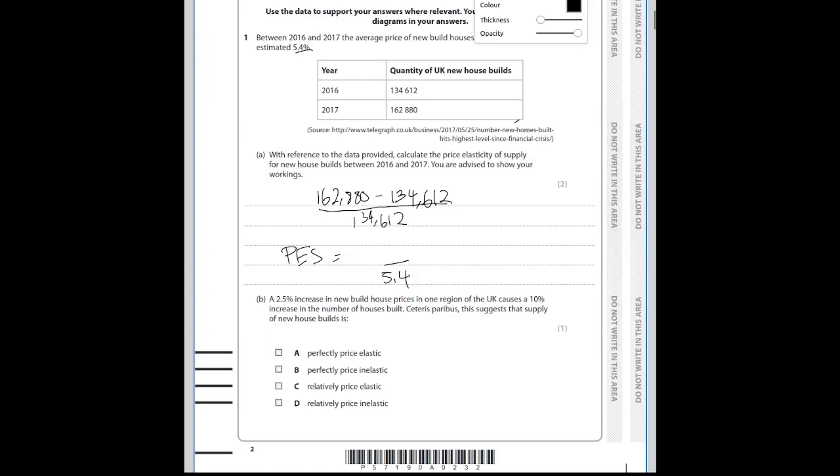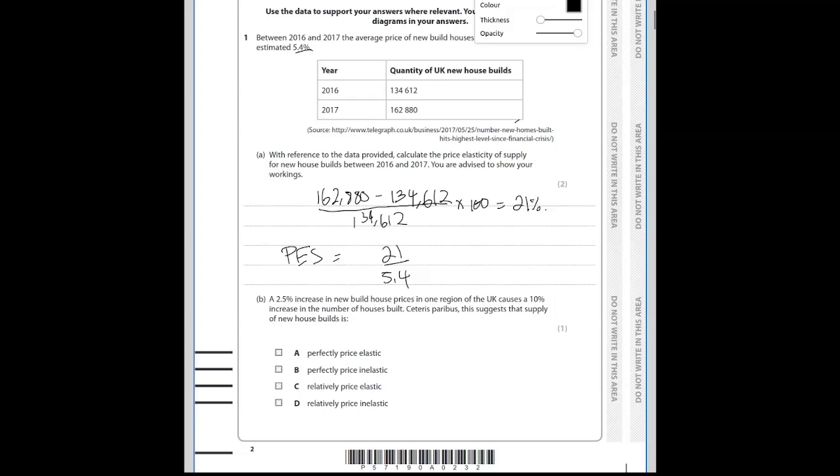So we're taking our newer number, subtracting our original number, and then dividing by the original number to get that change as a percentage of our original number. And I'm going to multiply that then by 100. If I put this into a calculator, I'm going to get 21%.